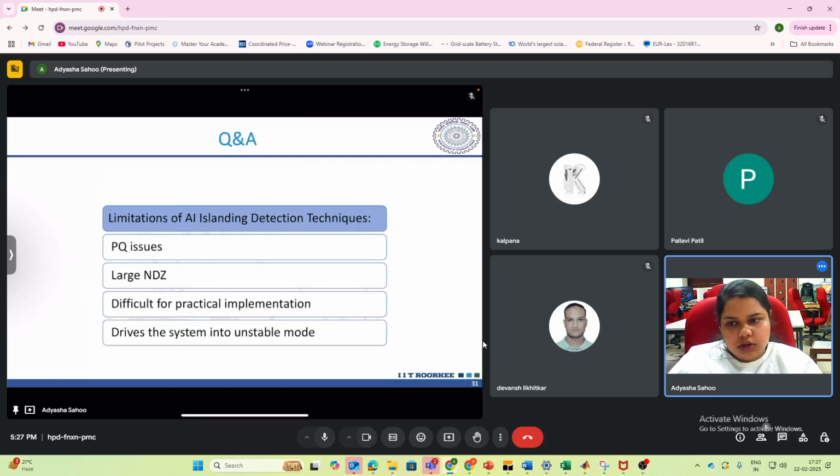The next is, what is the limitation of AI based islanding detection technique? Power quality issues, large non-detection zone, difficult for practical implementation, or drive the system into unstable mode.